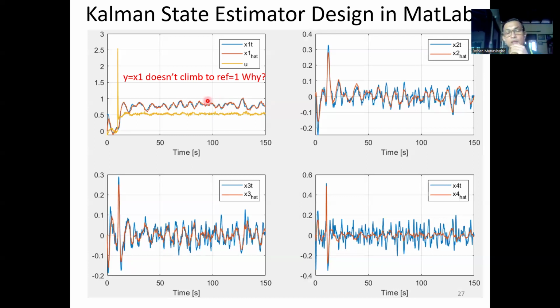Now there's a question here. y equals x1 doesn't climb to reference equals 1. Why? This is the reference signal, but the first state x1 doesn't go there. It stays below that. Can anybody tell why it is so?